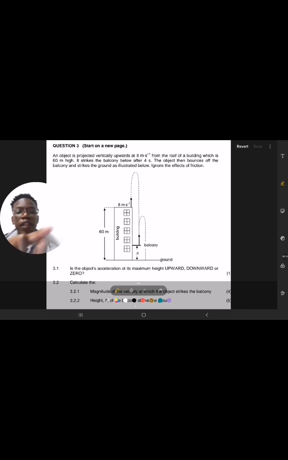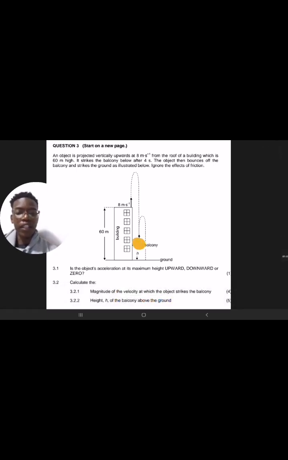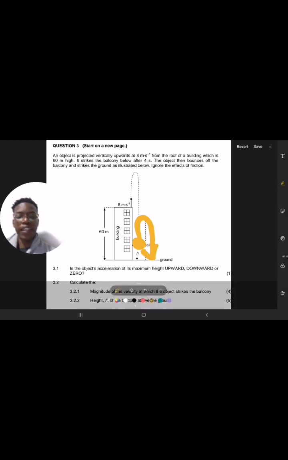Okay, the object then bounces off the balcony and strikes the ground as illustrated below. So after striking the balcony there, it bounces off and then falls on the ground, as shown on the diagram in the question. So then they ask us the following.